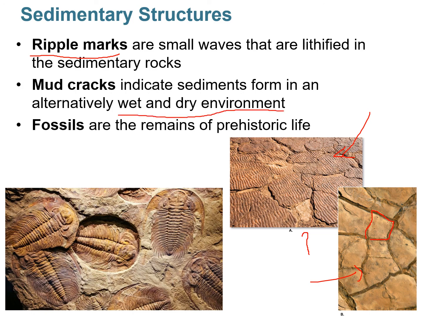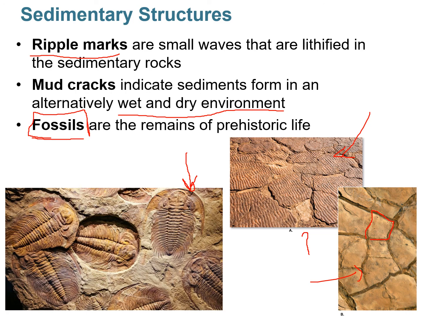Okay, and then of course, most importantly, sedimentary rocks often contain fossils. Okay, those are the remains of prehistoric life. This is how we know what has existed in the Earth's past, through this direct evidence of organisms like trilobites. Look at these guys.